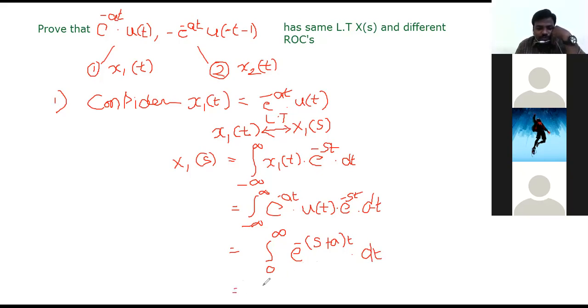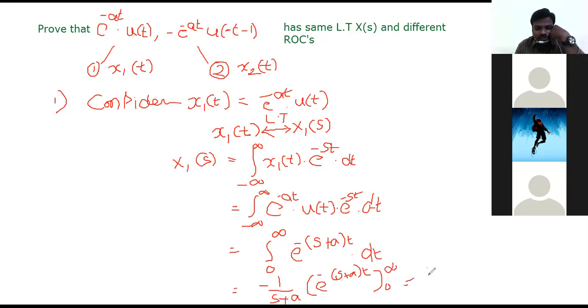The integral of the exponential function gives minus 1 by s plus a multiplied by e power minus of s plus a into t, and we are going to consider the limits of t from 0 to infinity.